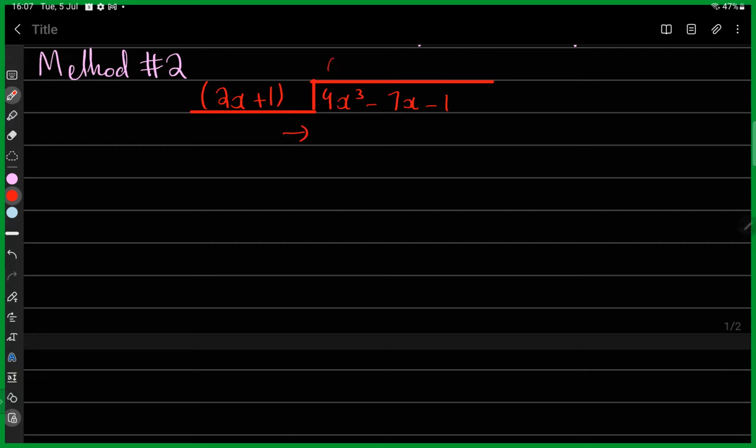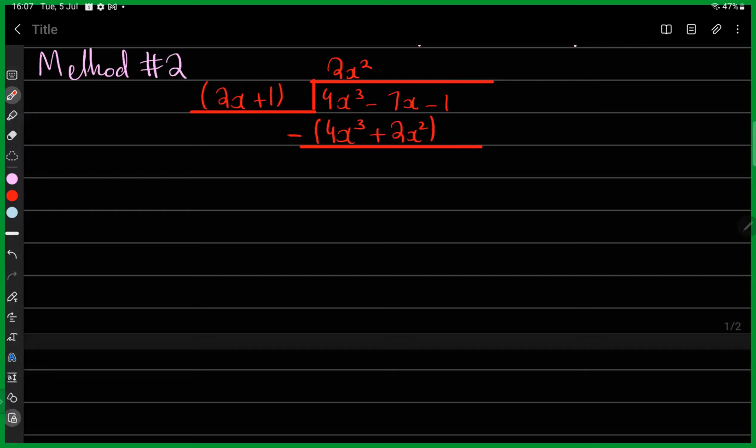So it would be 2x squared. And now when I multiply 2x plus 1 by 2x squared, this would give me 4x cubed plus 2x squared, and then the difference.